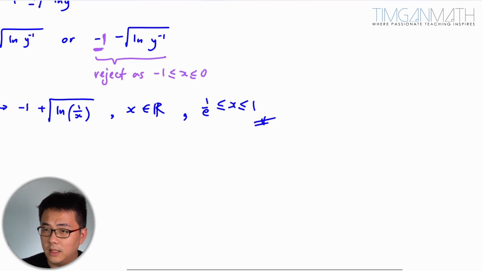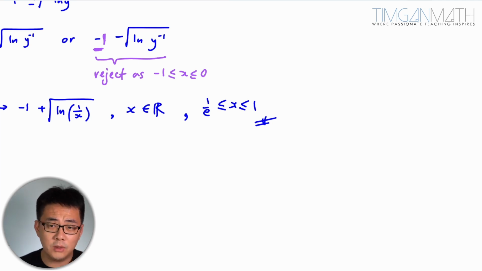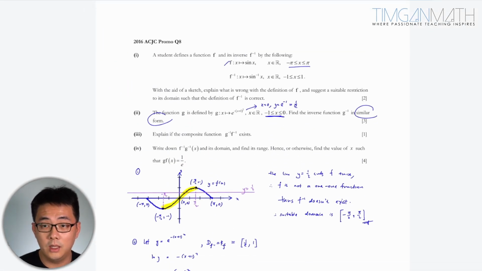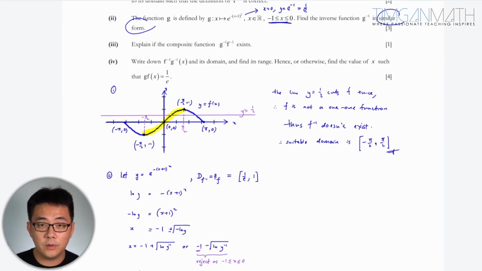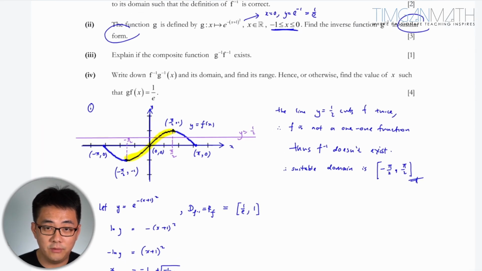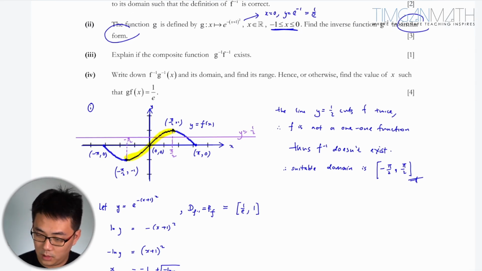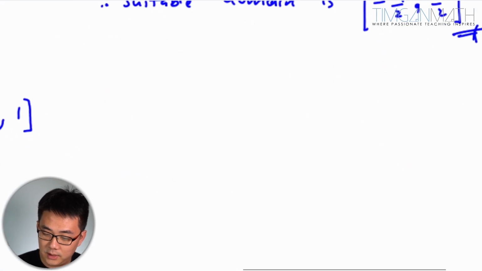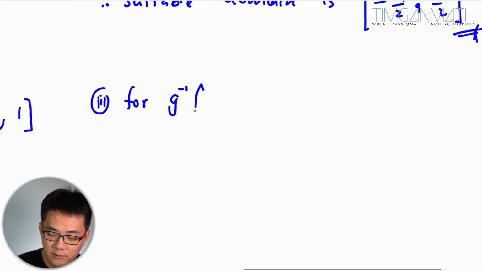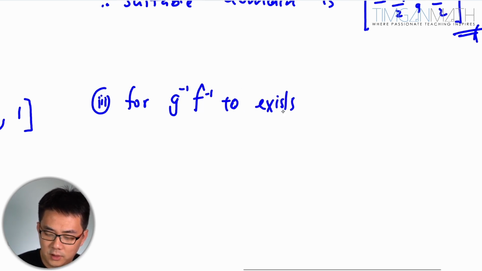Okay, so I think that's about it for the first part. Should be quite okay. So let's look at part 3. Explain if the composite function g inverse f inverse exists. For g inverse f inverse to exist, just remember that the first function is this, because this is the first one to touch x.